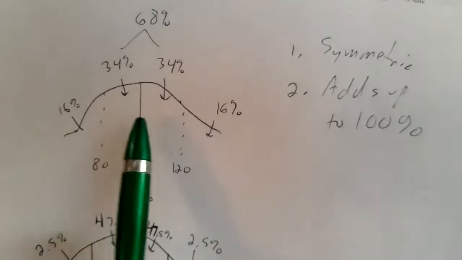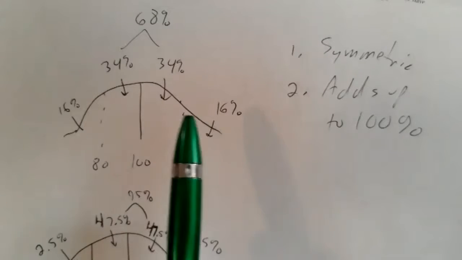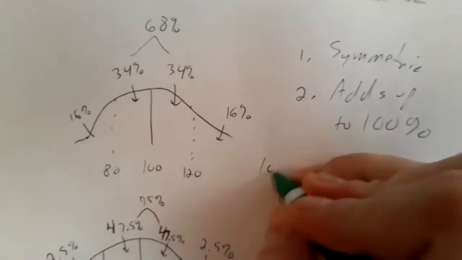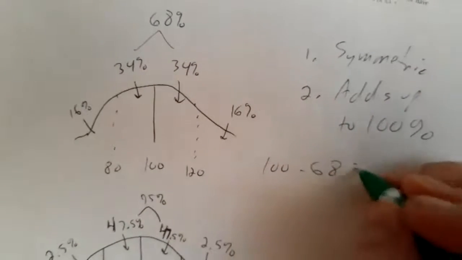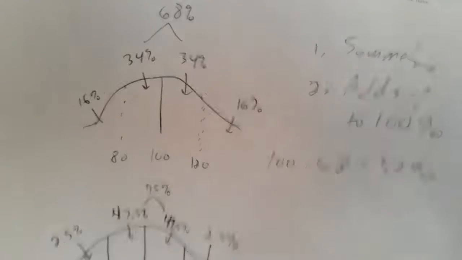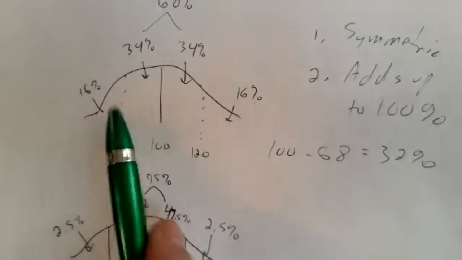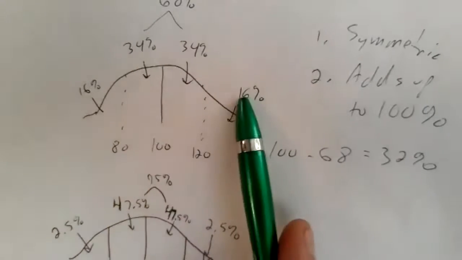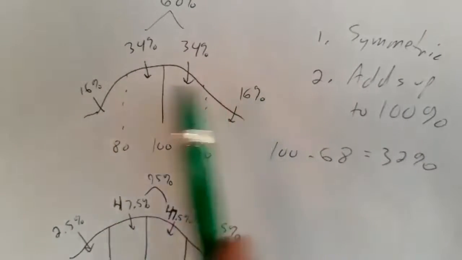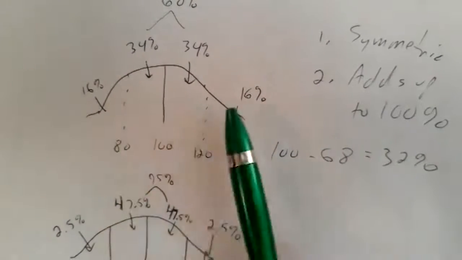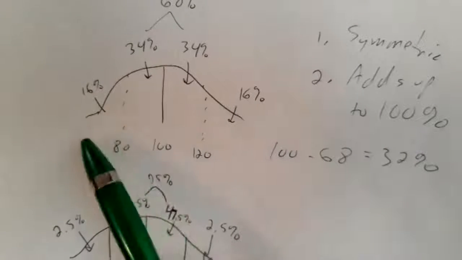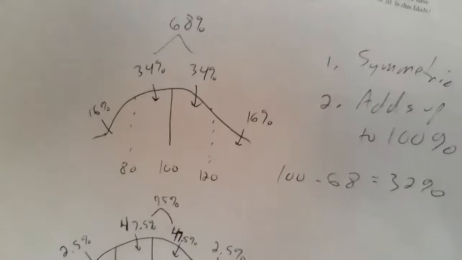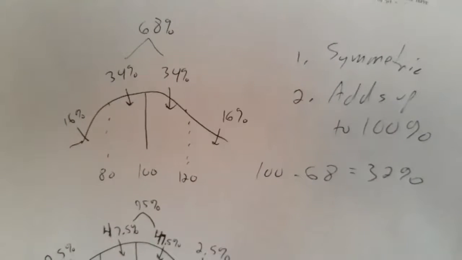If I want to get the 16, that's coming from 100 minus 68, which gives me 32%. Between this one and this one, I have 32%. If both of these are 32% and they're symmetric, then each of these is 16%. And so that's my 68 rule. This is one standard deviation.